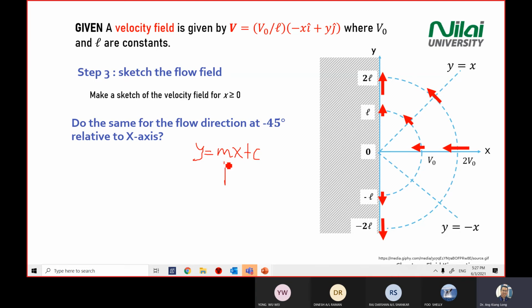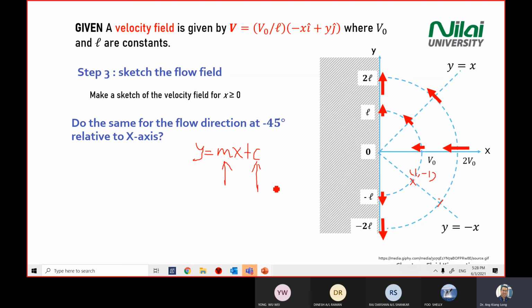Recall how you find the gradient of a line, how do you find the intersection of the line, and so on. Then substitute again this location value. This one, your x is positive, y is negative. In this location, your x equal to 1, y coordinate is minus 1.